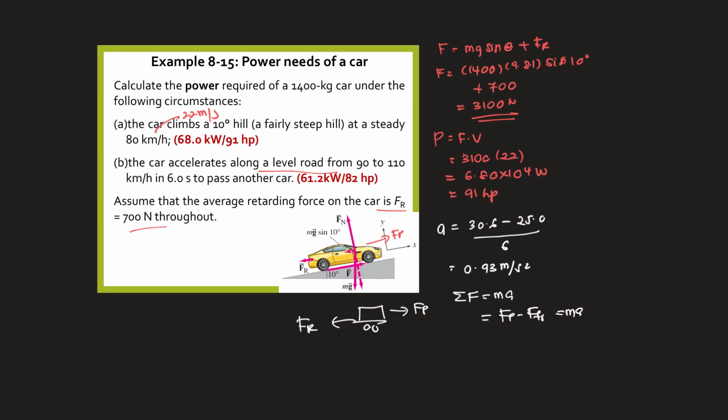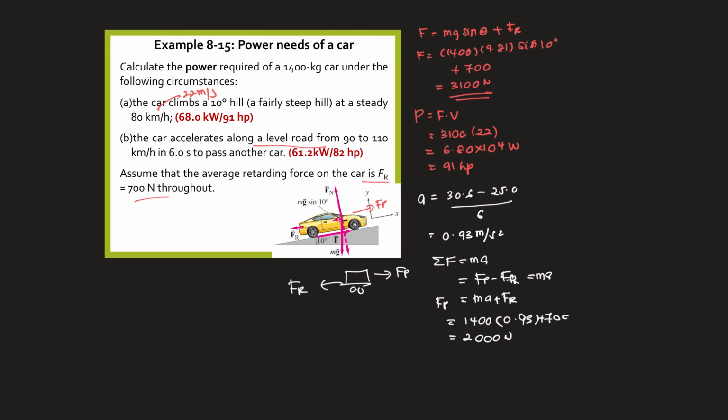You want to find the upthrust that pushes you to accelerate. So Fp here is ma plus Fr, the retarding force. So 1400 multiplied with the acceleration here plus the retarding force, you are going to get 2000 Newton.